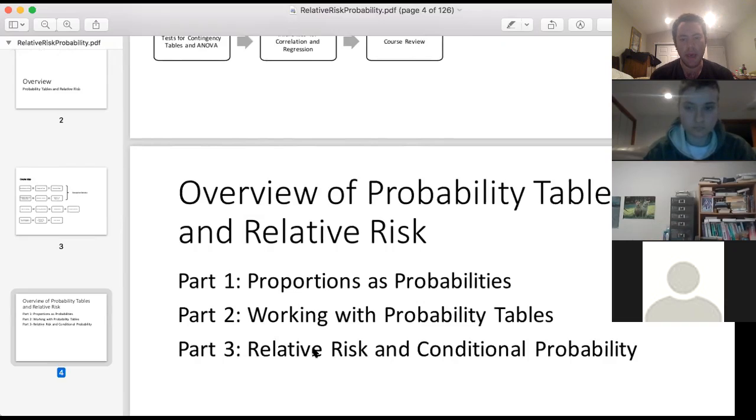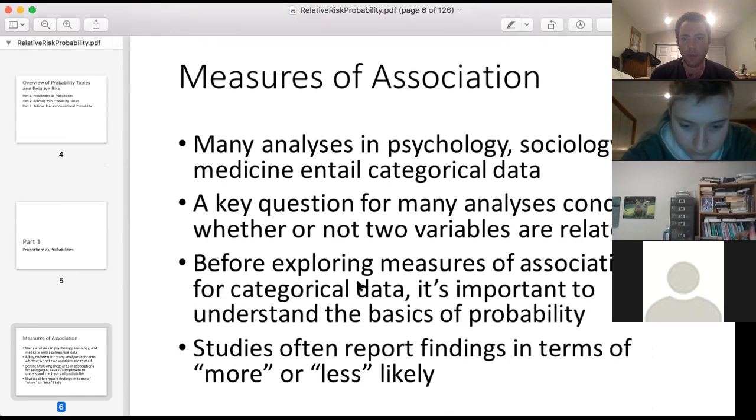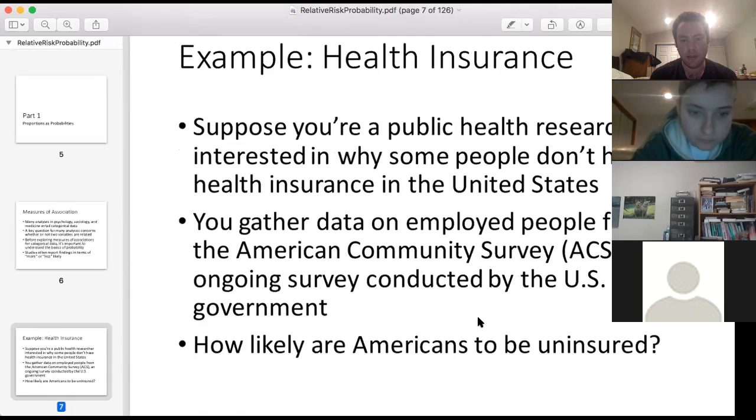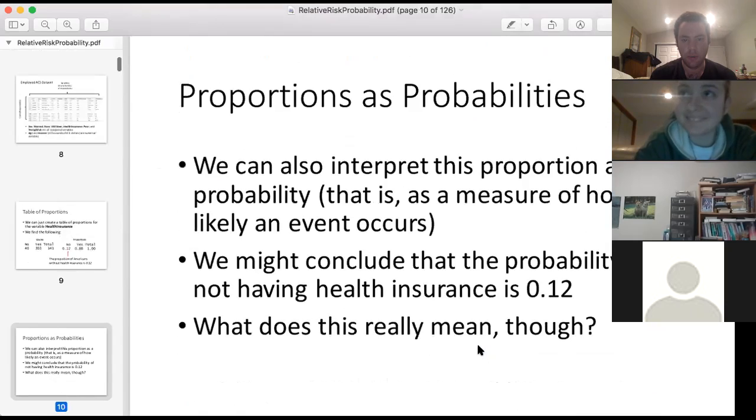So that might be a 35% probability of getting lung cancer. Does that make sense, Andre? That's what a conditional probability would be. So in this case, the example was we were looking at those who are economically poor, whether they are more likely to not have health insurance. So that's what I was saying would be a type of conditional probability.